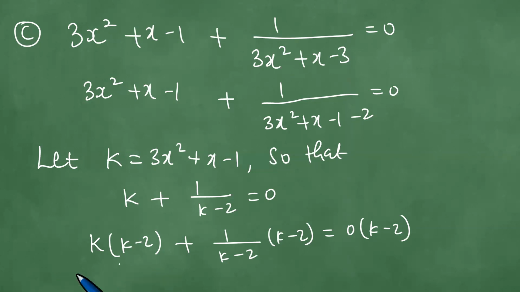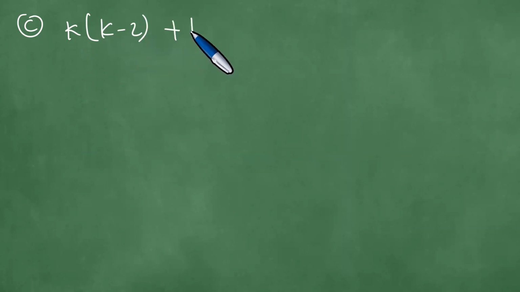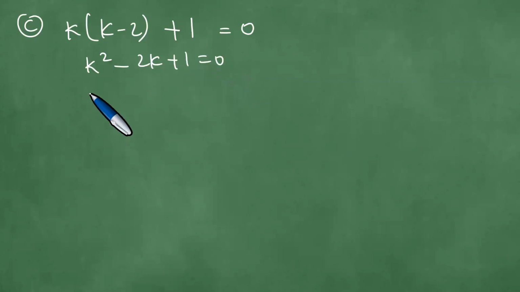Now, this k minus 2 cancels, and we have k into k minus 2 plus 1 equals 0. What does this give us? It gives us k squared minus 2k plus 1 is 0.